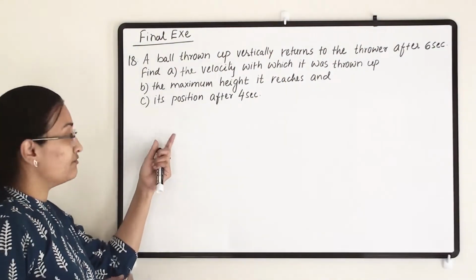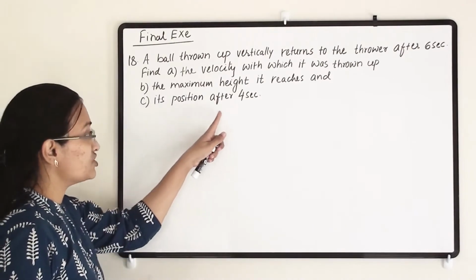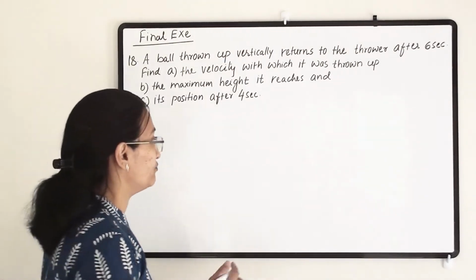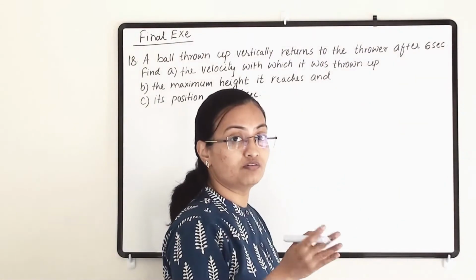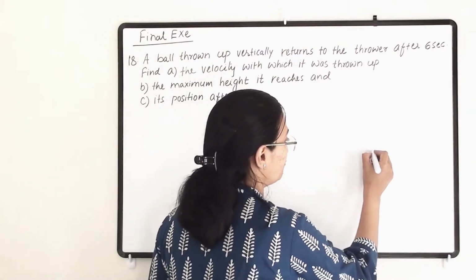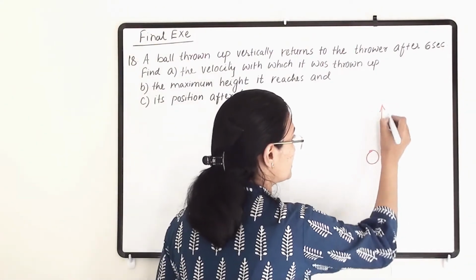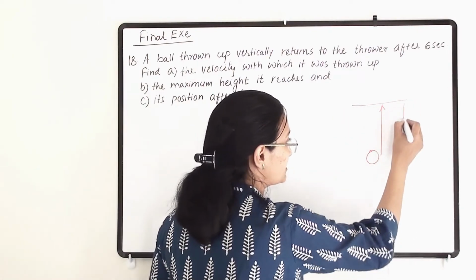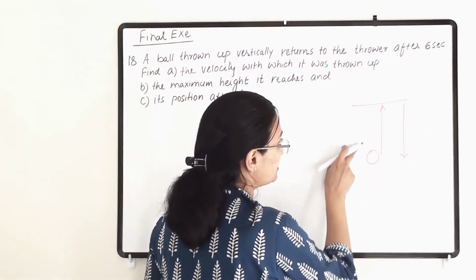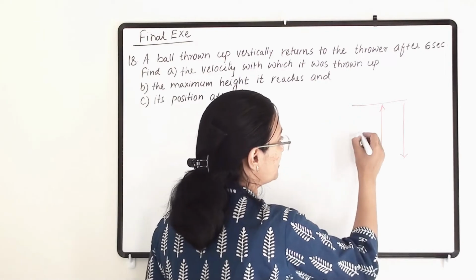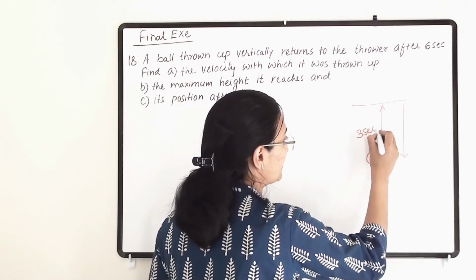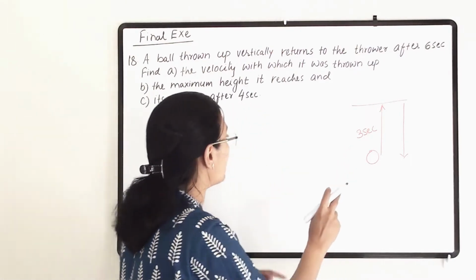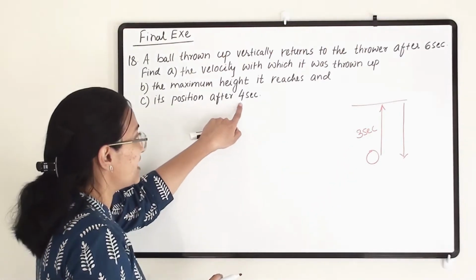The third thing we have to find out is its position after 4 seconds. So how much distance it will cover after 4 seconds, that we have to find out. The ball we are throwing upward reaches the top and then starts coming back. In this journey, while it is going upward, it takes 3 seconds. Now they are asking for the position at the 4th second.